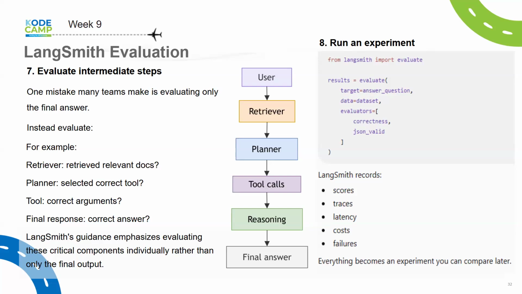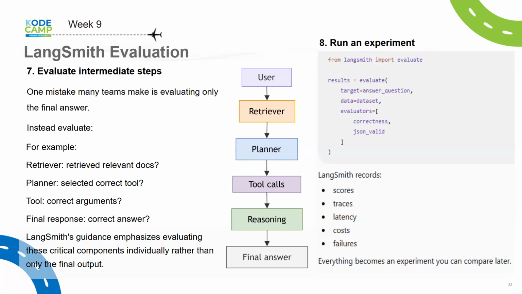So some of the examples would be for a retriever, right? You can put an intermediate evaluation that would evaluate whether the relevant documents were retrieved by the retriever. You could also check for a planner if your agent is a planner agent. You can also try to validate and confirm that the correct tools were selected and the correct steps were selected by the planner.